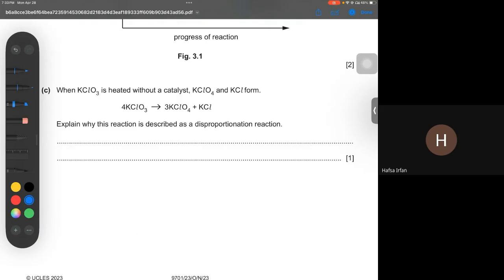So I can say that in this reaction, chlorine is +5 and this is +3, and this is -1. So chlorine is both oxidized and reduced.